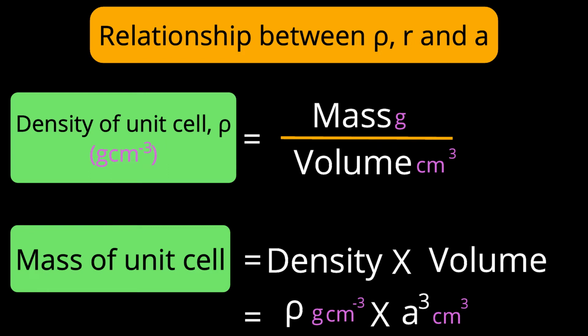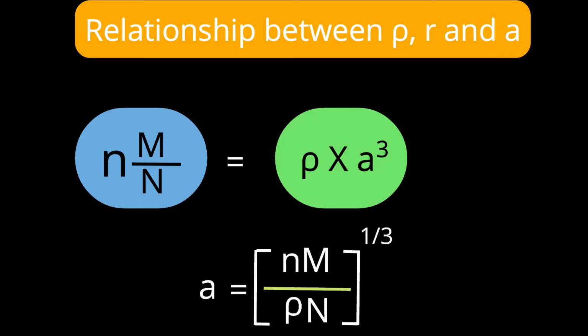Previously also we have found this representation, mass of the unit cell. What was that representation? Mass of the unit cell is equal to small n into capital M divided by capital N. Since I have two equations which can express mass of the unit cell, let me equalize the other sides of both equations.